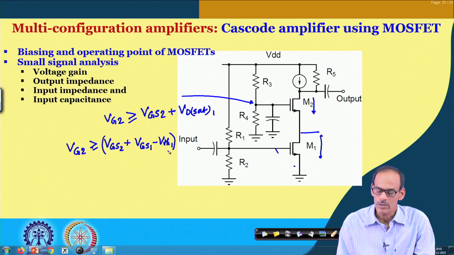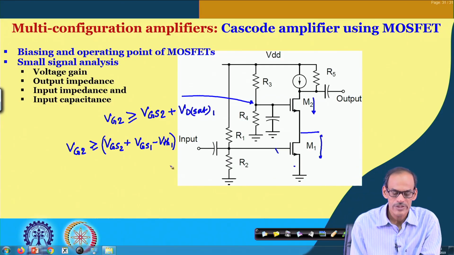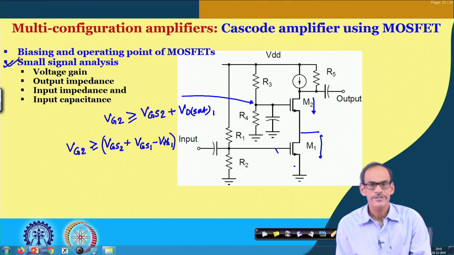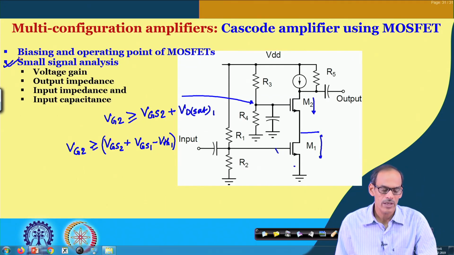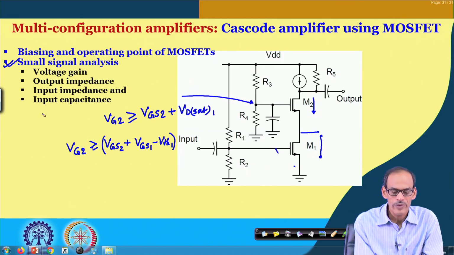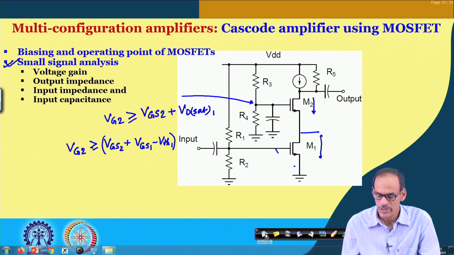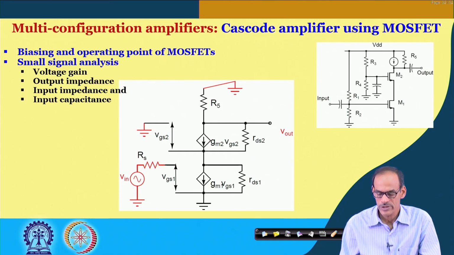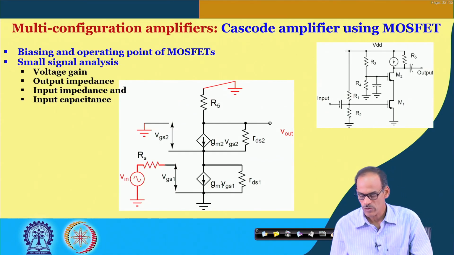Okay. Now, once you get the proper DC operating point, the next thing is the analysis for voltage gain and output impedance and so on. To do that, we need to draw the small signal equivalent circuit, similar to the BJT cascode amplifier. We have drawn this small signal equivalent circuit here.